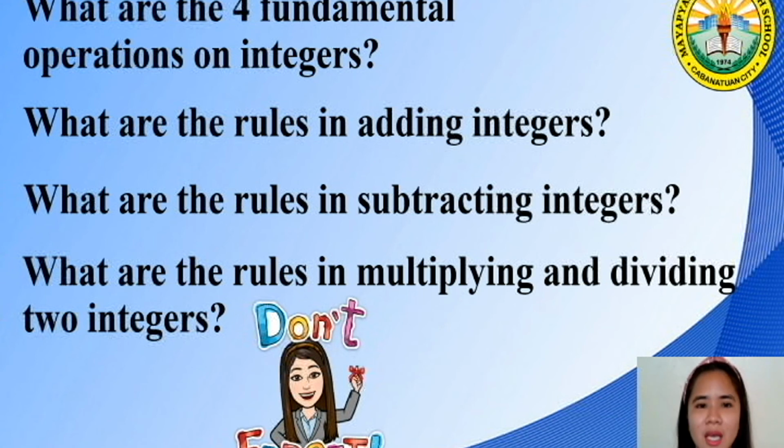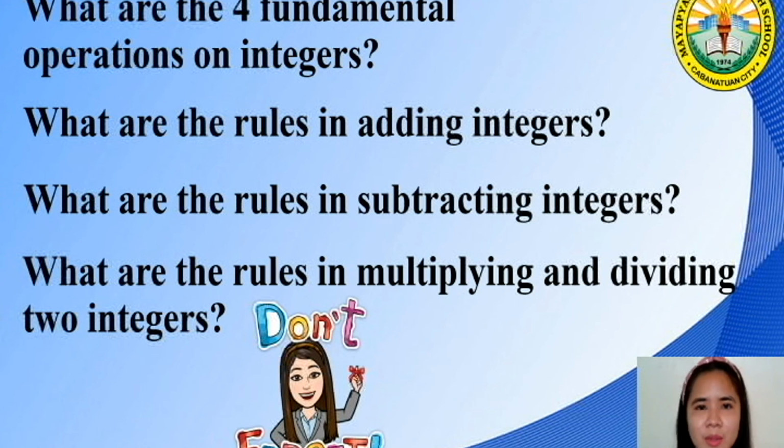How about the rules in subtracting integers? Good job! The rules in subtracting integers is the keep, change rule. Keep the sign of the first integer the same. Change the subtraction sign to addition sign. Change the sign of the second integer to its opposite. Then follow the rule in adding integers.